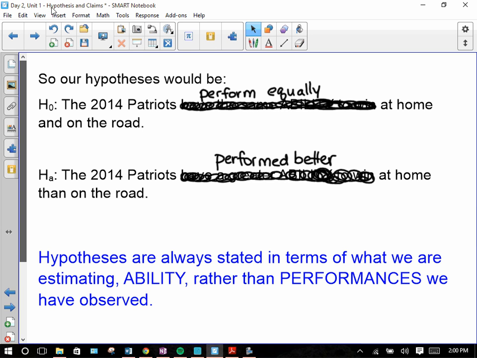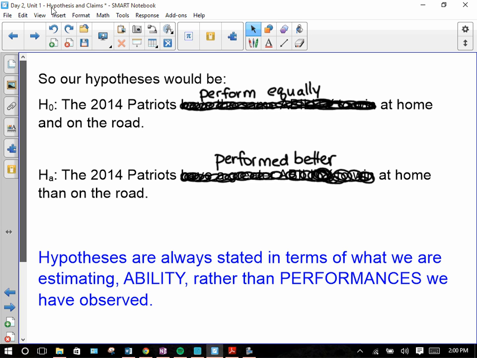My null hypothesis that I just wrote is the 2014 Patriots performed equally at home and on the road. The alternative: the 2014 Patriots performed better at home than on the road. What's wrong with this? Right.